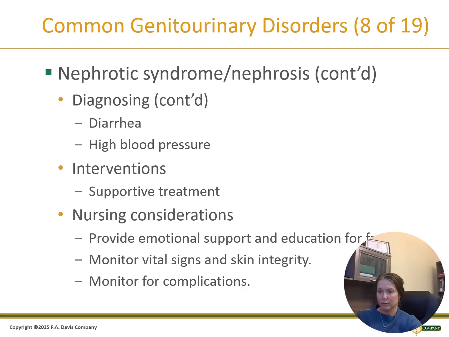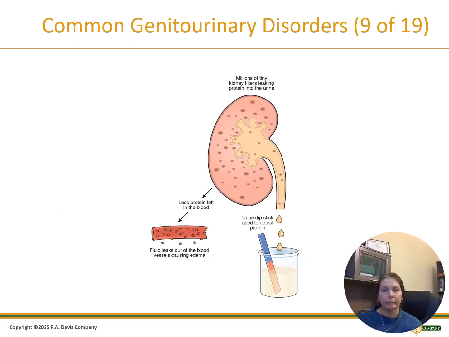I do have written down on here from, I think, the ATI book, remembering the classic complications of nephrotic syndrome are going to be infection, clotting disorders, and malnutrition. And that will help kind of lead you back to your cardinal symptoms too.